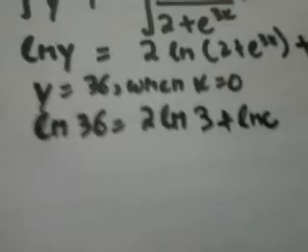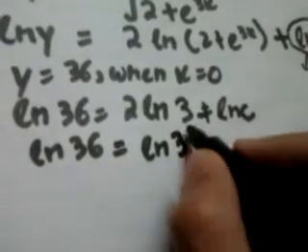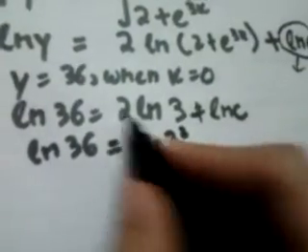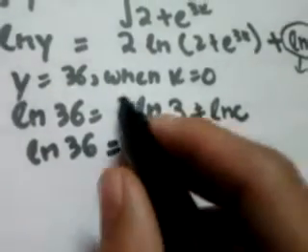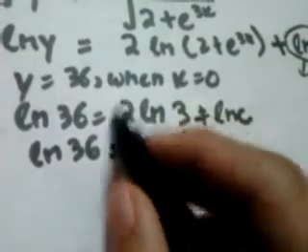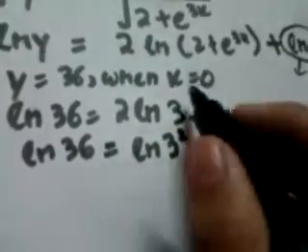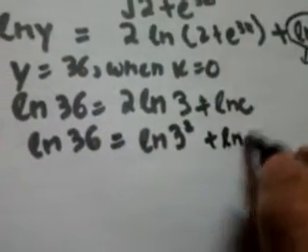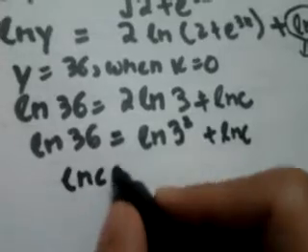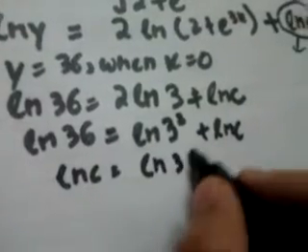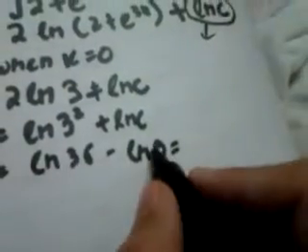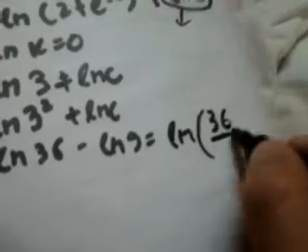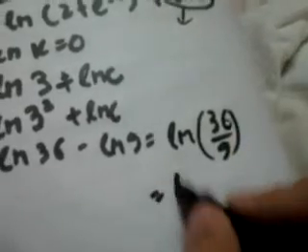Now this is ln 3 squared. Remember, the number in front as a product becomes the power. Therefore ln c equals ln 36 minus ln 9, and ln minus ln is ln of 36 over 9, that is ln 4.